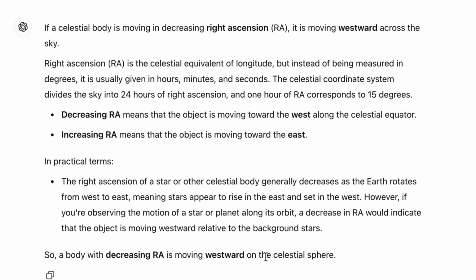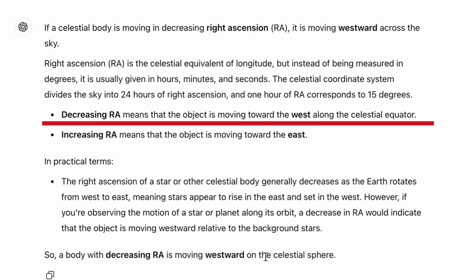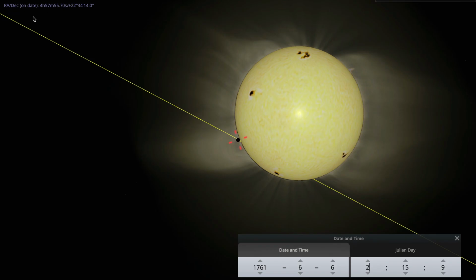Now we'll watch Venus, which direction it moves. And so we'll take a look at decreasing right ascension. Decreasing right ascension means that the object is moving toward the west along the celestial equator. So we'll see Venus will have a decreasing right ascension, meaning it's moving toward the west, which means it's in retrograde. Let's step through.